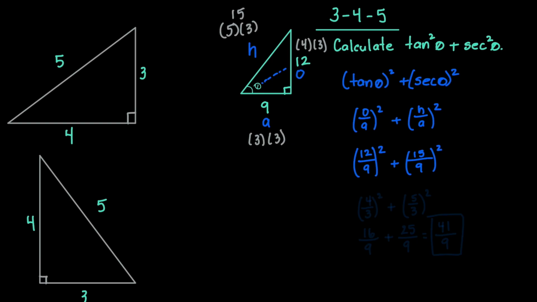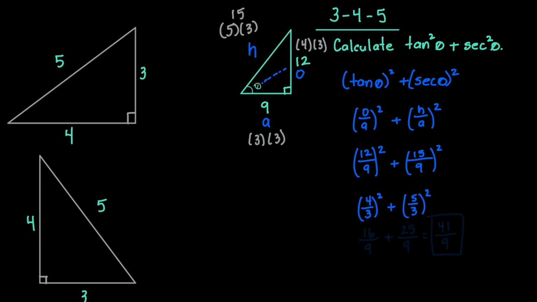Now, when you get better finesse with math, you know to simplify the fraction before you square it, because smaller numbers are easier to work with. So 12 over 9, both are divisible by 3, simplifies to 4 over 3. 15 over 9, both are divisible by 3, simplifies to 5 over 3.